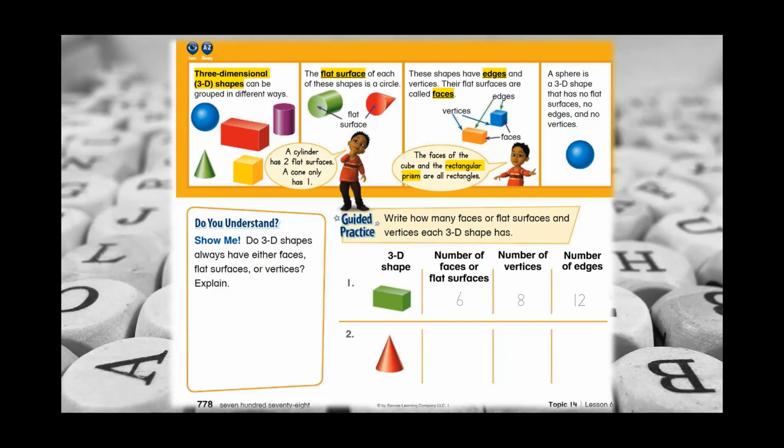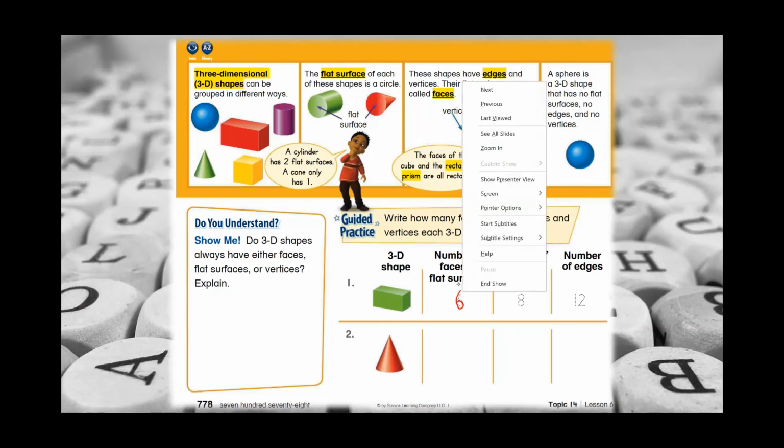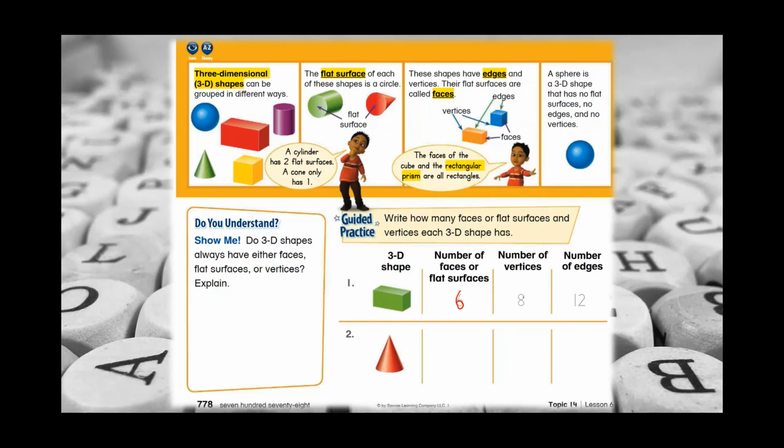Rectangular prism has 6 flat surfaces, 8 vertices, and 12 edges. A cone, how many flat surfaces? Only 1 flat surface. How many vertices? There is only 1 vertex over here. Any edges over here? No, 0 edges.